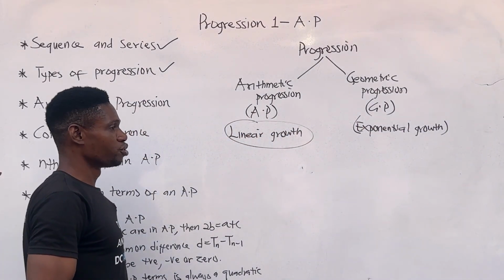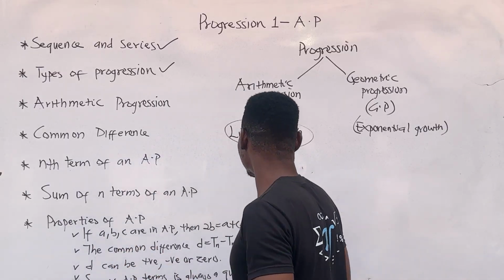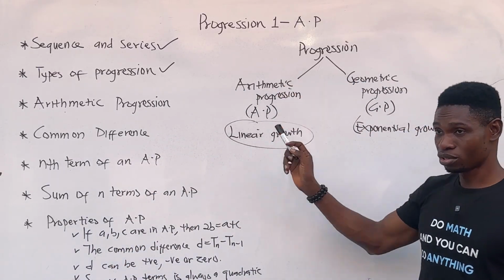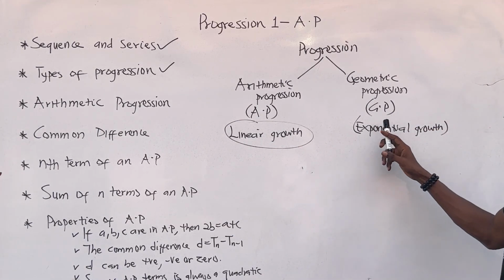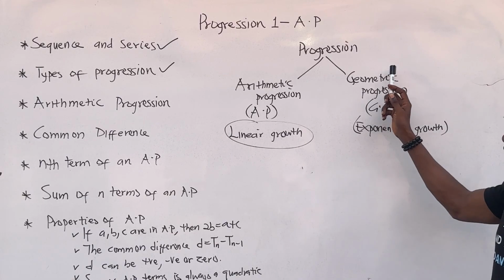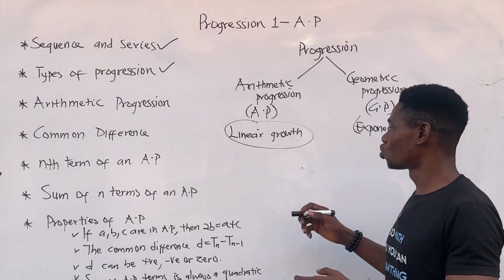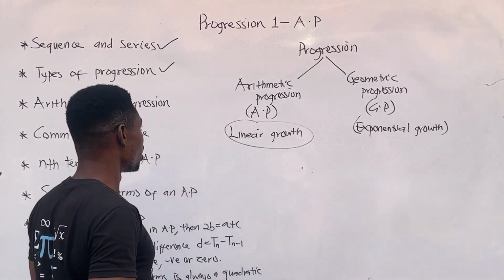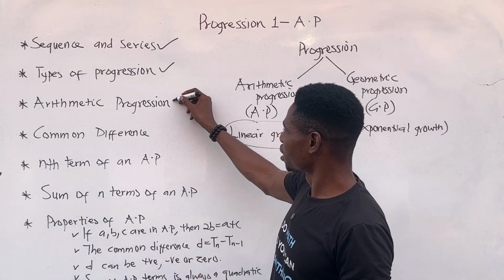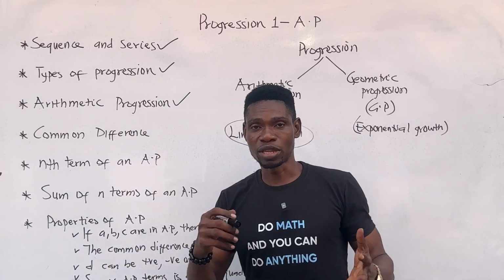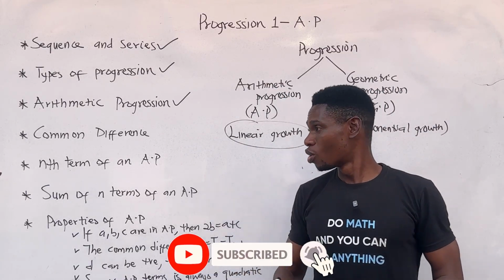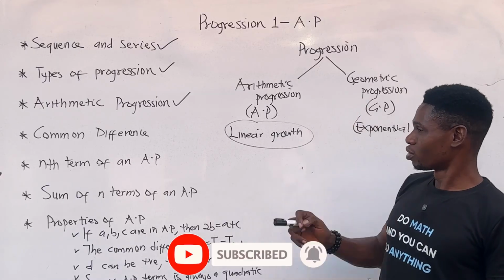So if you see a linear sequence or series, you are referring to arithmetic progression, and for an exponential series or sequence, you are talking about a geometric progression. These are the two types we are going to consider. In this first part of the lecture, we focus on arithmetic progression, and in the next lecture, we'll focus on geometric progression.